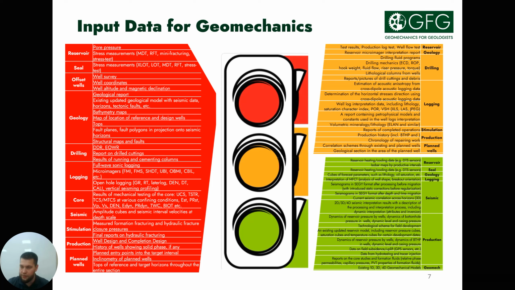The yellow category zone includes various lithological and petrophysical reports, mineral model, drilling parameters, etc. So optional input data include seismic interpretation data, well temperature information, prediction cube, pore pressure dynamics, etc. Nevertheless, all this data set for geomechanical modeling must be prepared and checked in order to avoid various errors and inaccuracies.